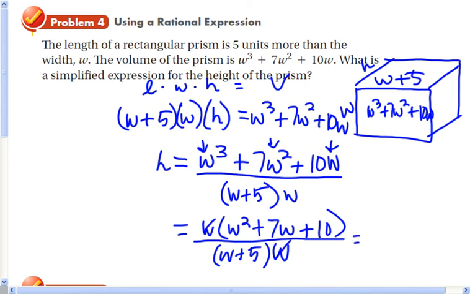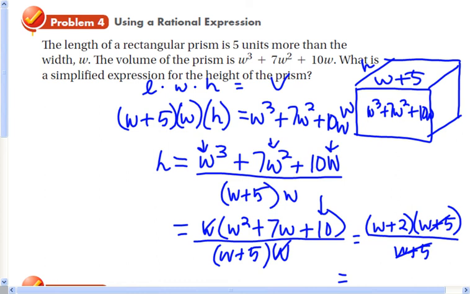And we can factor the numerator a little bit more because we can get a product of 10 using 2 and 5, and the sum of 2 and 5 is 7, so we can write w plus 2 times the quantity w plus 5 over w plus 5. Those cancel, and we get w plus 2 for the height.